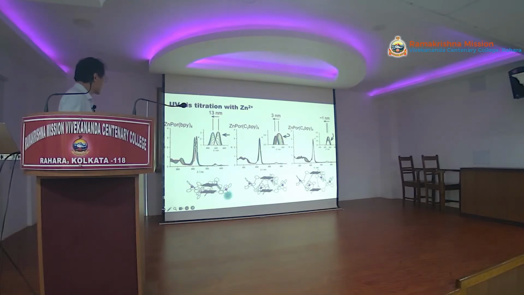We add zinc ions incrementally and record an absorption spectrum, and some of them show very nice isosbestic points, and some do not. In this one, initially the Soret band shifted to the lower energy side, and then changed direction to the higher energy side like this.